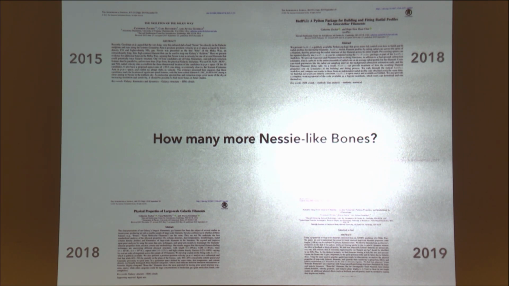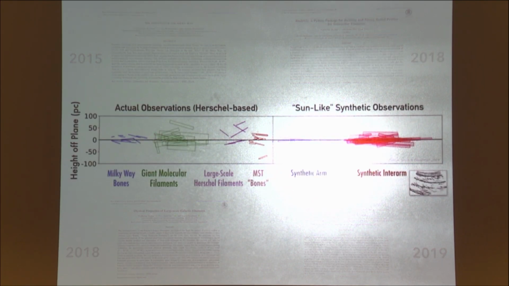The upshot of all of these papers is she went and found all of the claims in the literature of similar objects, reobserved them in the Herschel database, ran a new algorithm that she and another student, Hope Chen, developed to systematically identify their aspect ratios and their orientation, and then plotted a comparison, which you see here on the left, a cartoon comparison, I'll explain how it works in a second, of all of the things that have been observed that are at all Nessie-like.